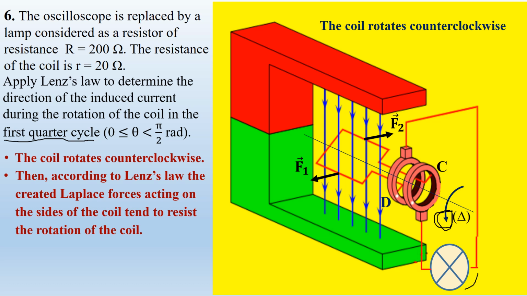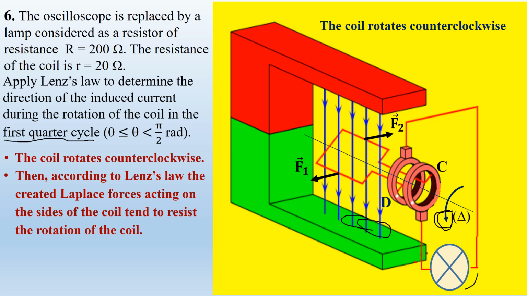Prepare your right hand. Your thumb makes 90 degrees with the other fingers, which point vertical downward because the direction of B is vertical downwards. It is represented by the blue lines in the figure.